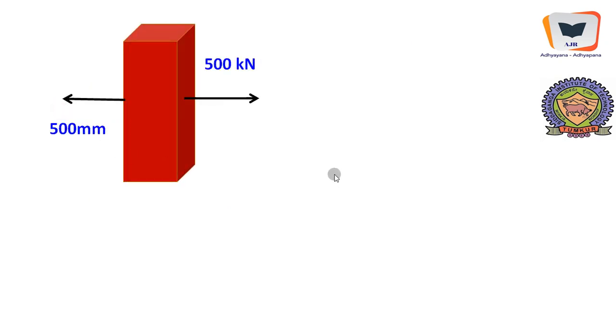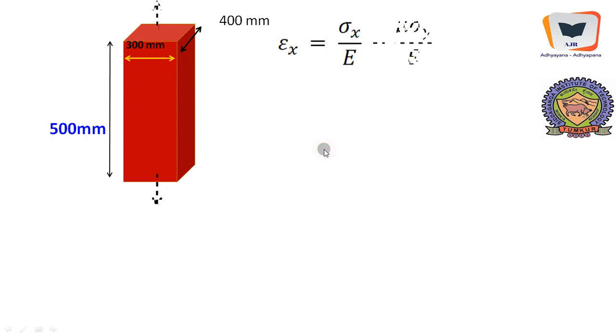So we will calculate the net strain by considering individual forces, and 500 kilonewton will create primary strain along x direction. Therefore we will write it out first. Epsilon x is sigma x divided by E, and as far as y directional stress is concerned, that is also tension, therefore it causes a decrease in this particular direction.